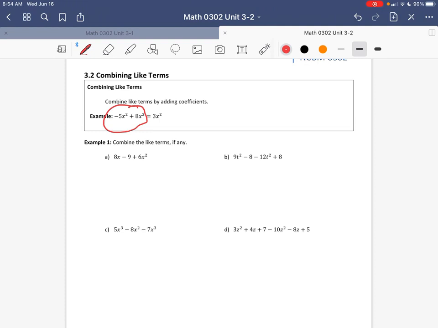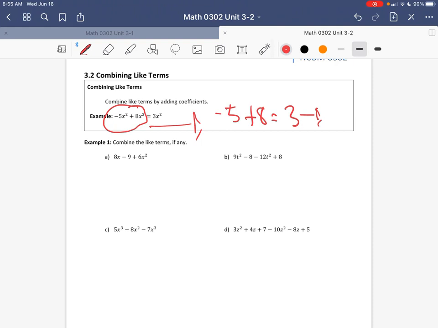What we're essentially going to be doing is adding the minus 5 plus the 8. Off to the side, negative 5 plus 8 is equal to 3.